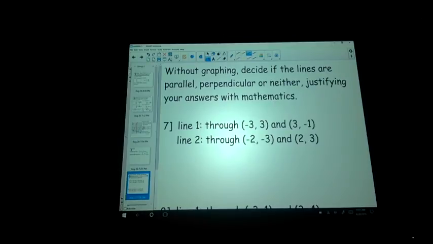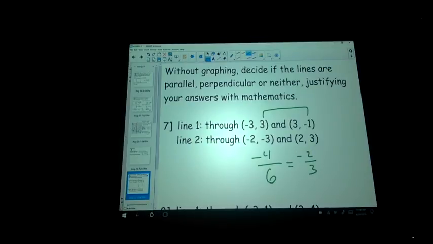All right. Without graphing, decide if these lines are parallel, perpendicular, or neither. Justify your answer. So if I go here, I'm going to get -4, and that's over 6. So -2/3.